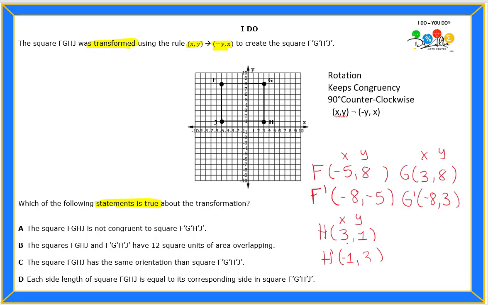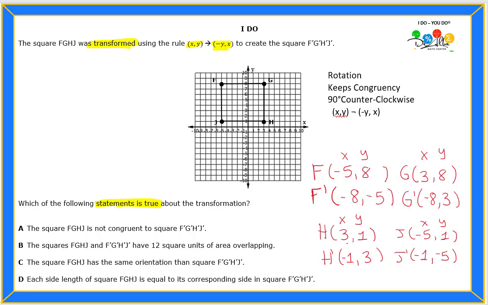And the X just comes to the Y value, exactly the same. Okay, and the last one would be J. J is -5 and 1. And J prime then would be, remember this is X and Y. The Y is multiplied by a -1, and the X comes as the Y value exactly the same.